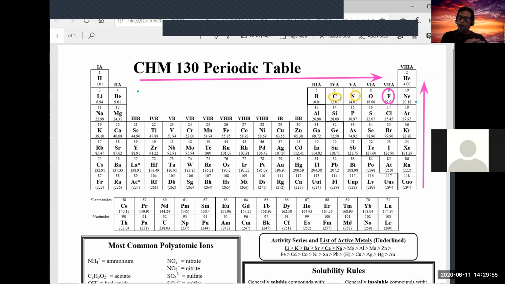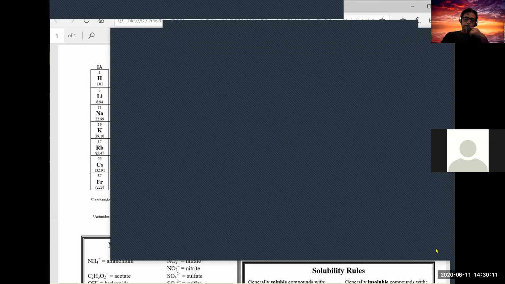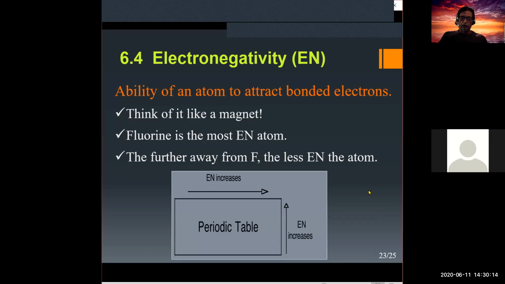Find which one is closer to fluorine. Nitrogen is closer to fluorine. Therefore, nitrogen is a lot more electronegative than carbon. So if there was a bond between carbon and nitrogen, where they're sharing electrons, then nitrogen would have a tendency to pull the electron density onto itself much more than carbon does.